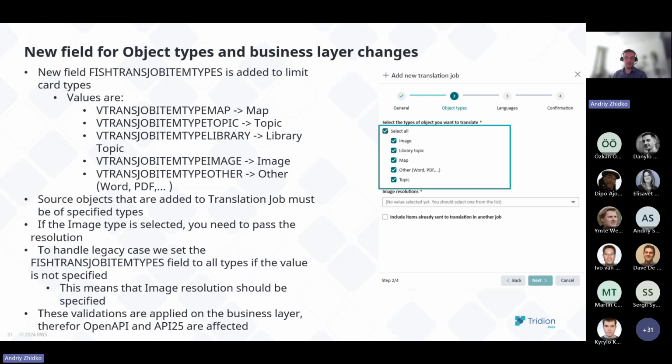As part of revamping the translation job feature, we introduced a new field, translation job item types, that allows you to specify the type of object that will be allowed to be added to a translation job as a source object. That can be a map, topic, library, image, or other.